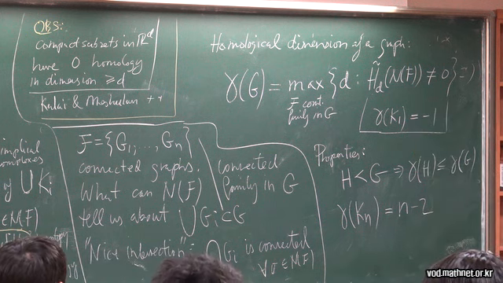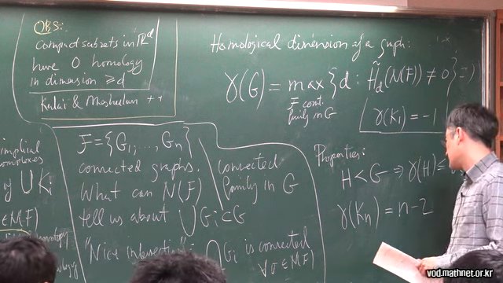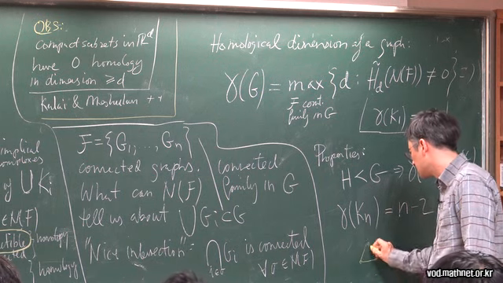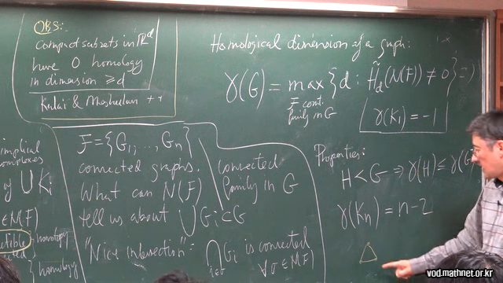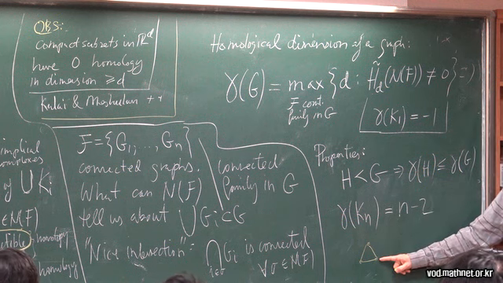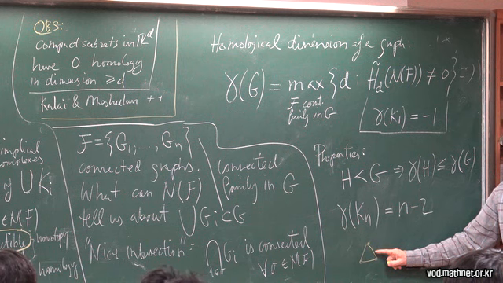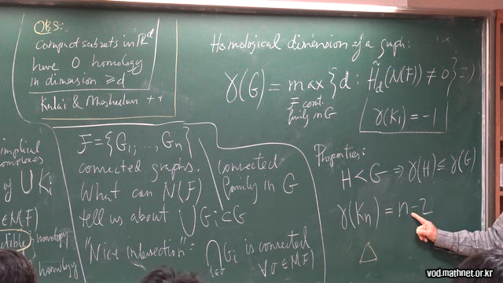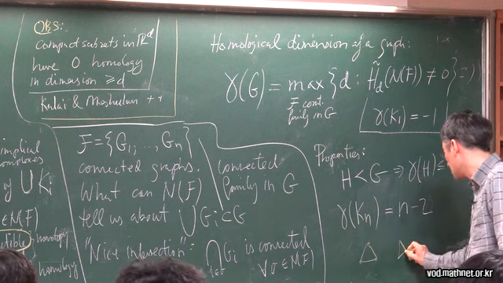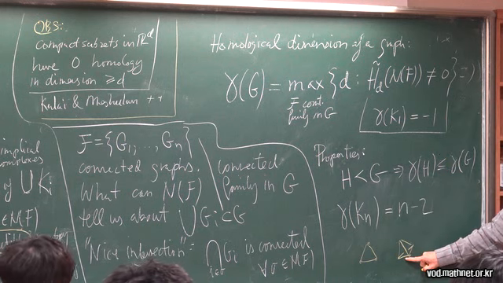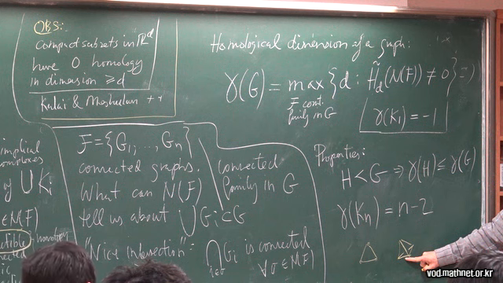And it shouldn't be too hard to see. Let's start with K3, for example. Topologically, this is a circle, right? It has one-dimensional homology. What about K4? Well, it kind of looks like a tetrahedron, right?